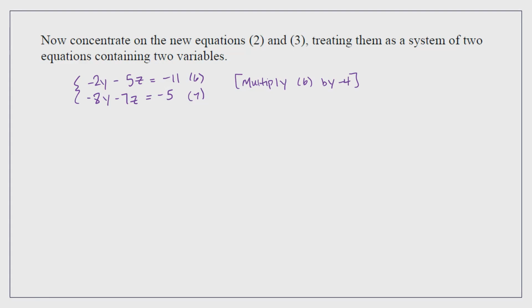I could have chosen the z variable, but then I would have to multiply both equations by a non-zero constant. To simplify the process, I'm only going to multiply one equation.